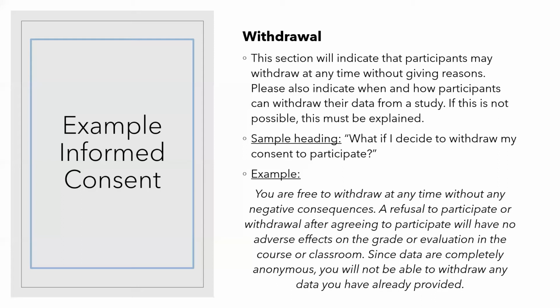Having completely anonymous data is fine, and in most situations, it's actually preferred so that even if the data got out, there wouldn't be anything identifying about it, so no one would know it's the participants. So it is fine if you have to write this, that participants aren't able to withdraw their data once they give it, but you just need to give participants a heads up either way. I hope that makes sense.